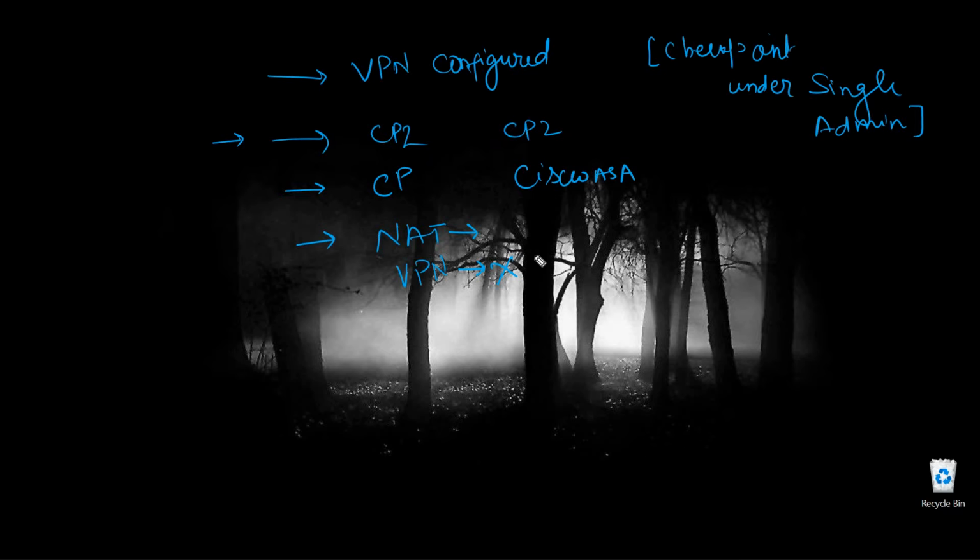So we will configure some other policies for the NAT, to understand how the user can access the internet while some of the traffic goes through the VPN. Our firewalls are capable of doing these things, but we will learn how we actually do it.